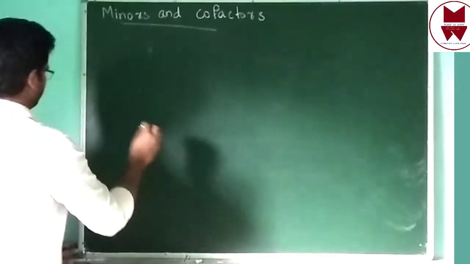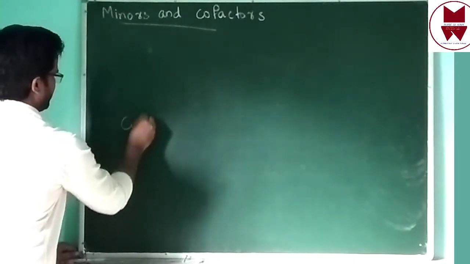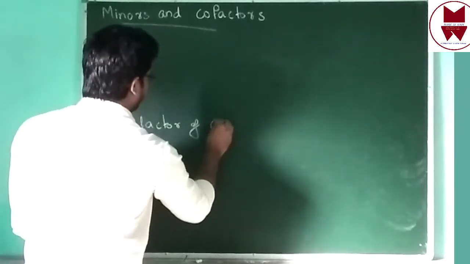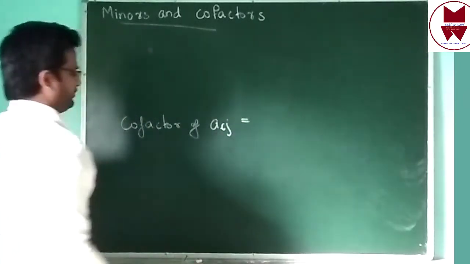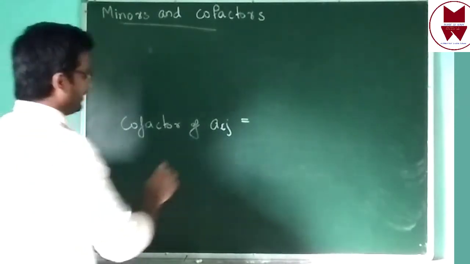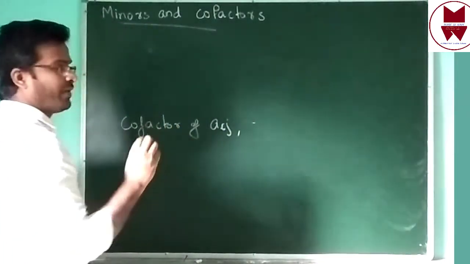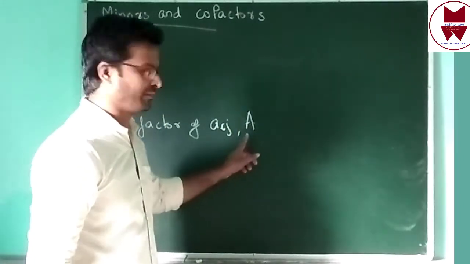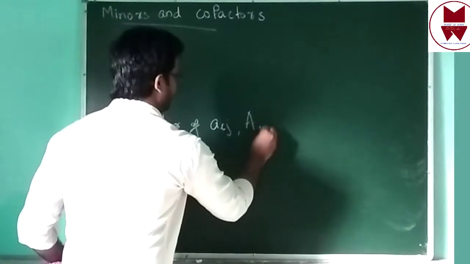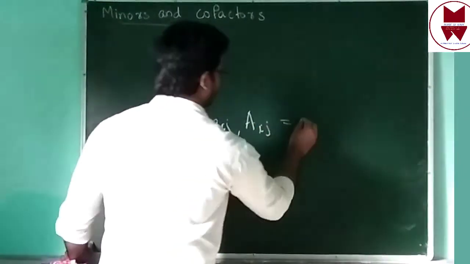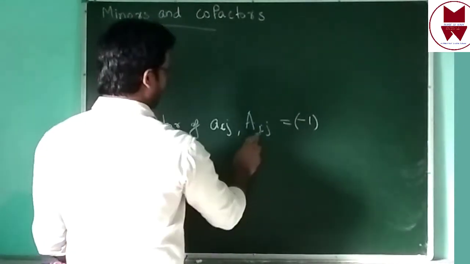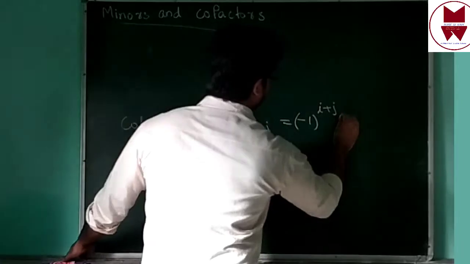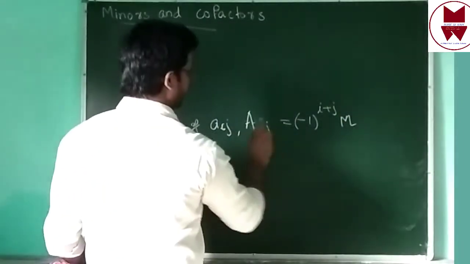Like that, how can we find the cofactor of aij? One more thing: the cofactor is represented by capital letter A. The cofactor Aij equals minus 1 all raised to i plus j, times the minor of this element, Mij.